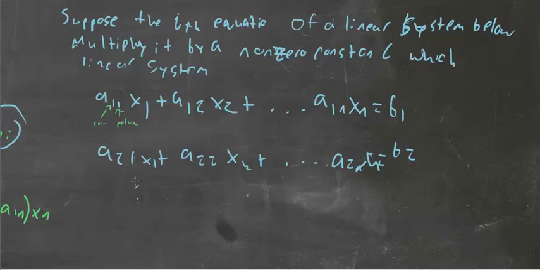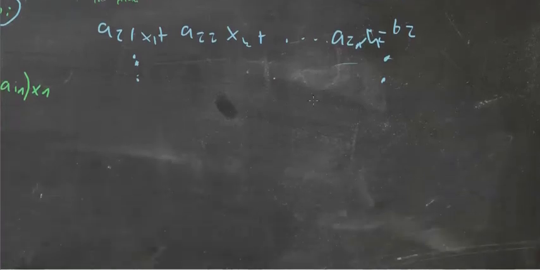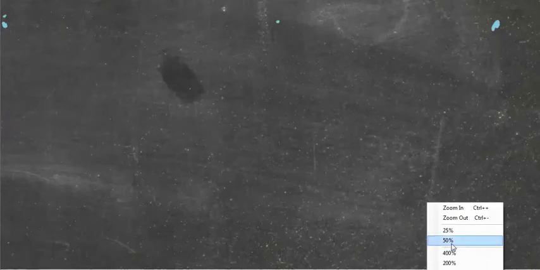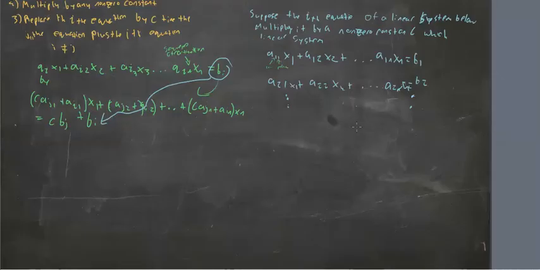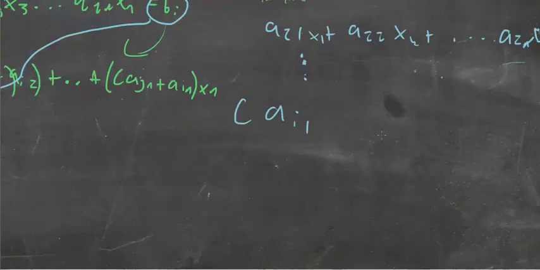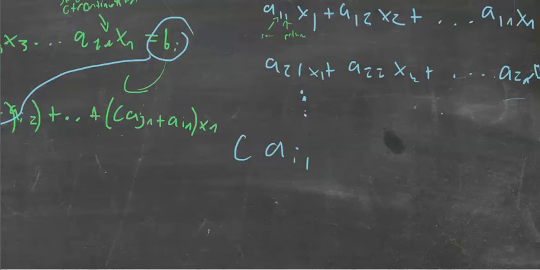And then we take this down, and we multiply it by any constant value. I'll zoom in so we can write a little bit smaller, and then I'll zoom out.